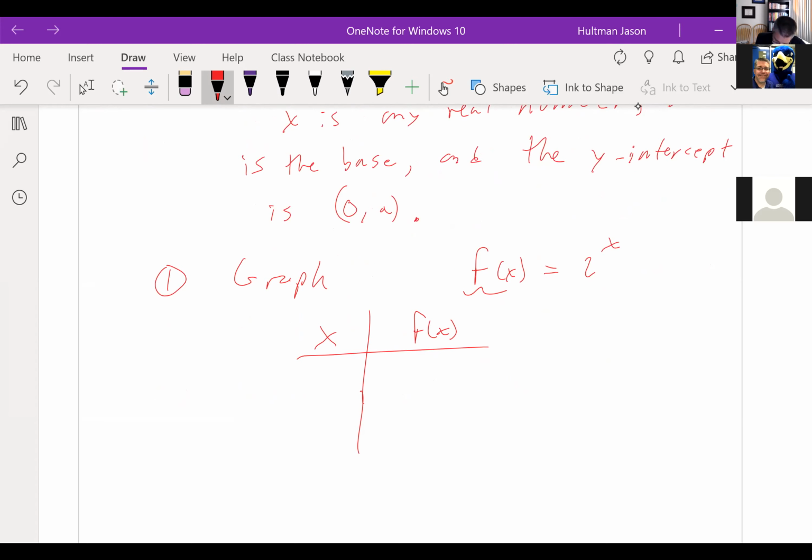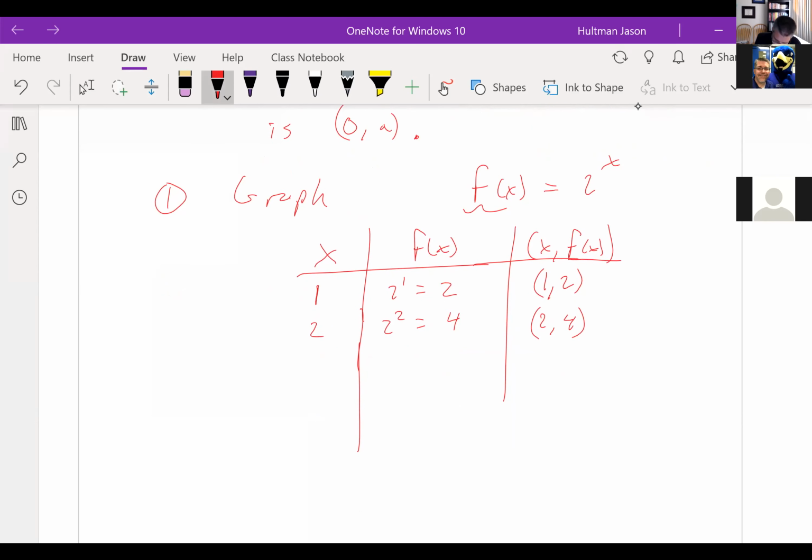If x is 1, then 2 to the first power is 2. If x is 2, 2 to the second power is 4. The point is x comma f of x. So this is 1 comma 2, this would be 2 comma 4. For 3, we have 2 to the third, that's 8. So 3 comma 8. For 0, that's 1.